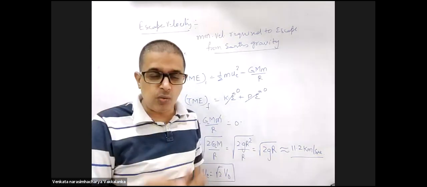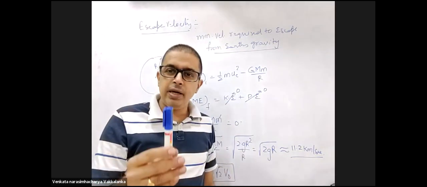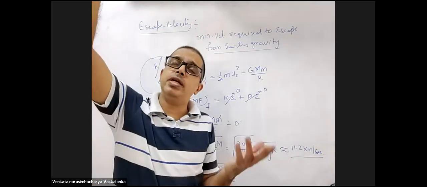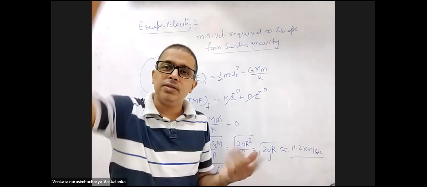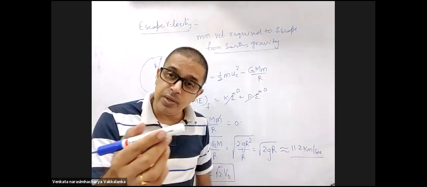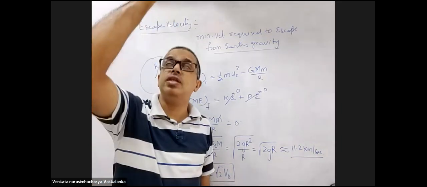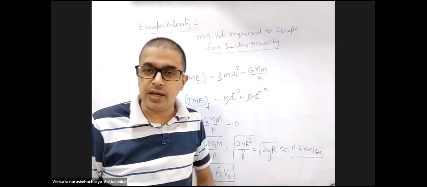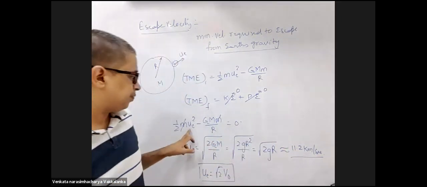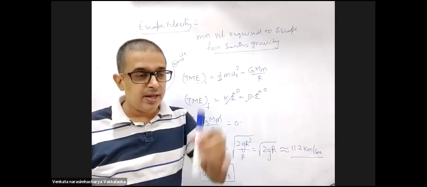There are two ways. One, throw it with certain velocity. Second, keep moving it upwards towards the ceiling and I can move it at any speed. Now here minimum speed does not make sense. When does minimum speed make sense? When you throw it with certain velocity so that it goes and touches the ceiling. When you give whole of the energy in one go, it will be 11.2 kilometers per second.